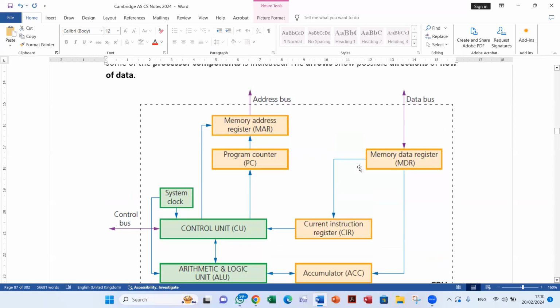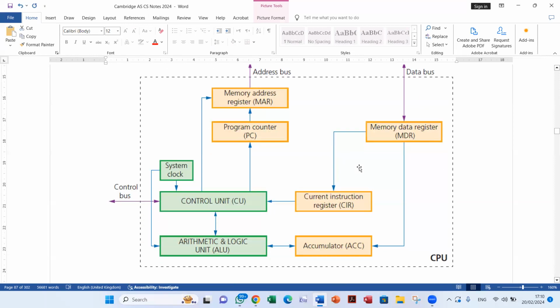Now let us look at those orange boxes. They are called registers. They store values. Let us study them. There are 5. You have to study them by their names, and also you have to know the duty of each one of them.